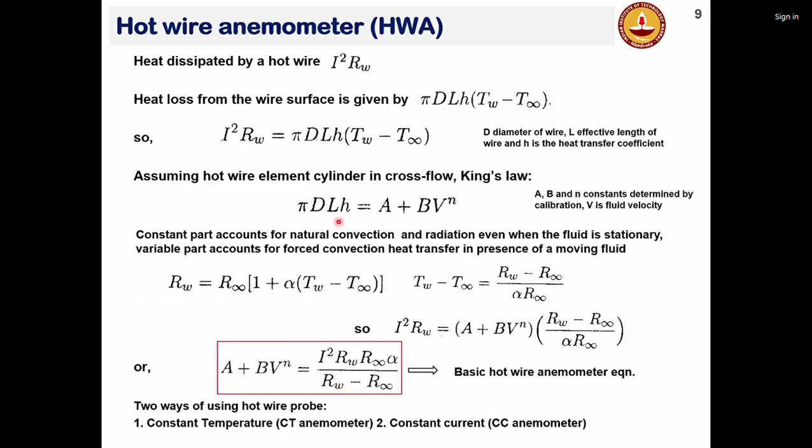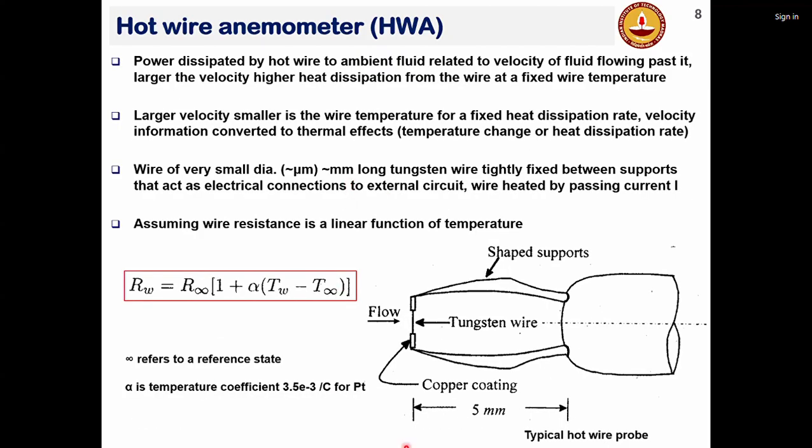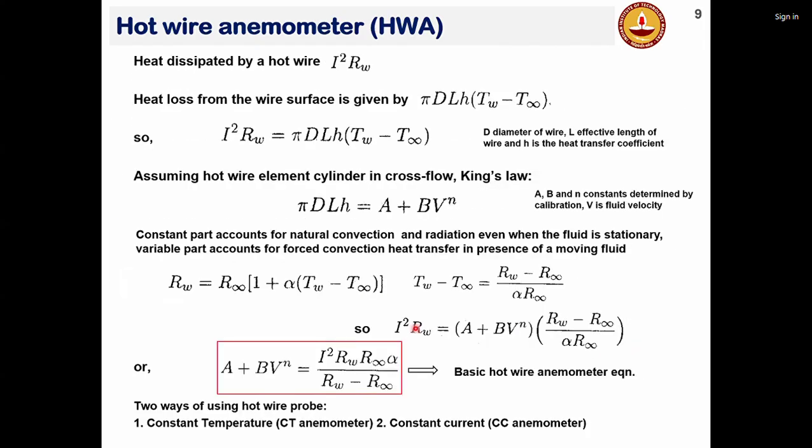The heat that is dissipated by a hot wire, the cylindrical wire, is given by the square of the current passing through the wire into the resistance of the wire, I square into RW. Now, this wire is a cylindrical surface. So when there is flow over the cylinder, there is loss of heat.